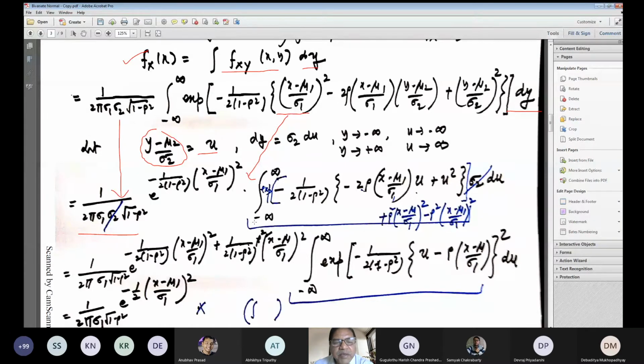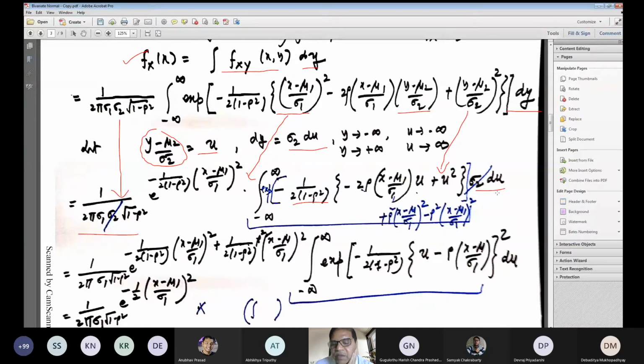Having taken it out, our integral reduces to minus infinity to plus infinity exponential of minus 1 by 2(1 minus rho square) times, minus 2 rho ((x minus mu 1) by sigma 1) into u, plus u square. This particular term is u square, and then dy equals sigma 2 du, so here we have put sigma 2 du.